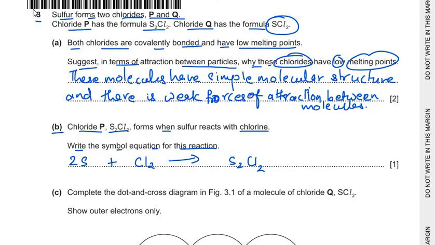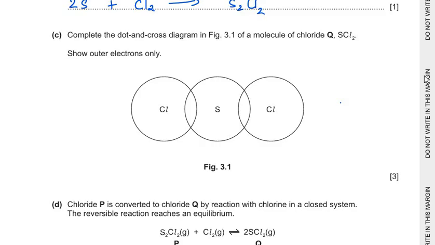Let's see what's the question C. Complete the dot and cross diagram in figure 3.1 of a molecule of chloride Q, that is SCl2. Show outer electrons only. Now we know that sulfur is in group 6 and it has 6 electrons in the outer shell.